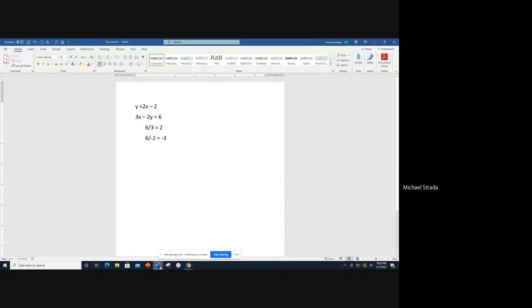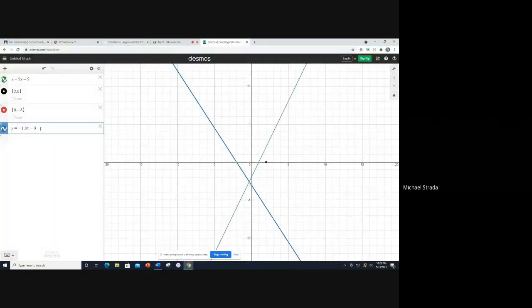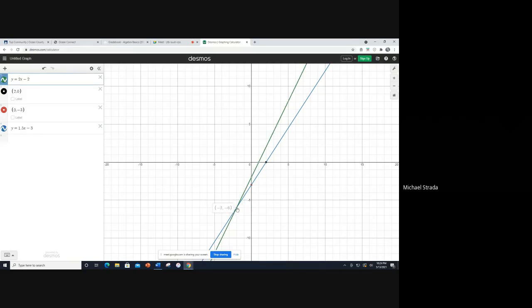Math real quick: 3x minus 2y equals 6, negative 2y equals negative 3x plus 6, y equals 3/2 x minus 3. No, there should be a positive. Sorry. Okay, so now I'm good to go, and you'll see your point of intersection is somewhere in this area. Again, you're going to be limited with decimals.